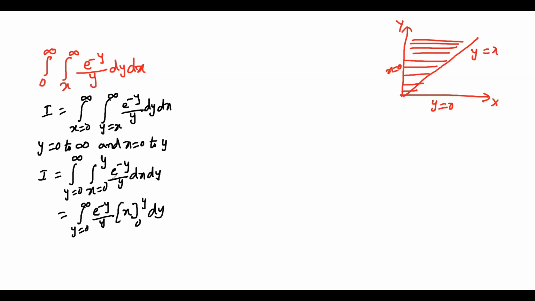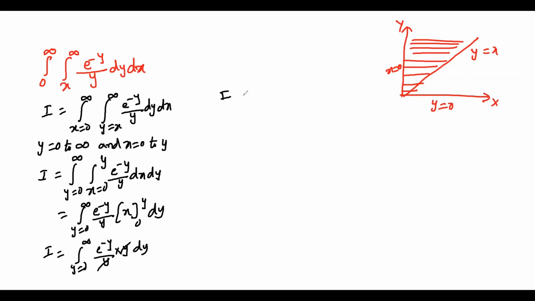Now again, this we solved. Now I is equal to integral y is equal to 0 to infinity, e power minus y by y. Here the upper limit only you can apply, into y dy. These two will be cancelled.